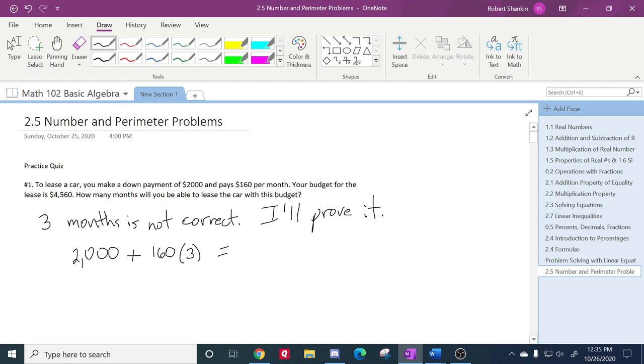And when I multiply that out, that's 2,000 plus, 3 times 6 is 18, so 480. $2,480. I proved that it's not correct.